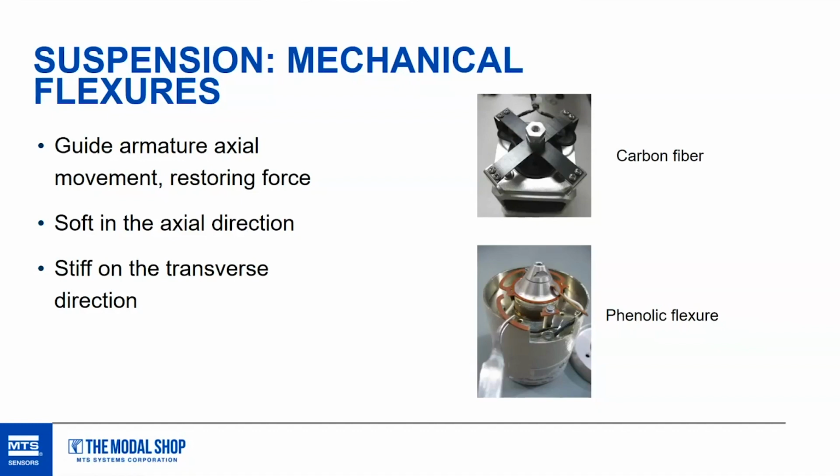One other thing about the FLEXURE system I forgot to mention is we want it to be soft in the axial direction, the direction of the shaking, but you want the whole system to be very stiff in the transverse direction, because if the suspension system is not stiff in the transverse direction, the armature will jiggle, will have some play, and that's bad because if you move the armature horizontally too much, it may start to touch the edges of the magnetic gap, and you start to have interference, and the shaker won't be able to move up and down anymore.